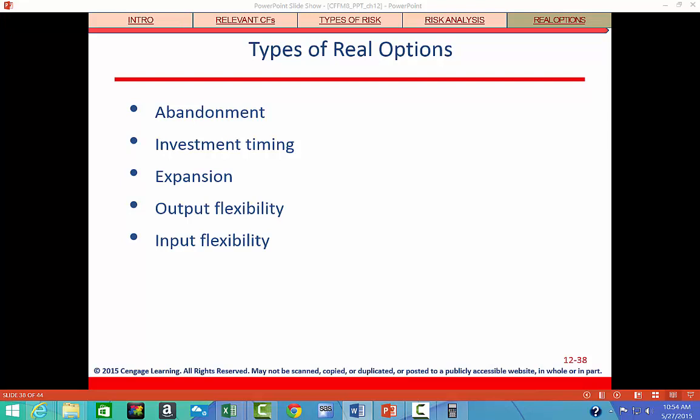An expansion project can be expanded if demand turns out to be stronger than expected. Output flexibility means that a project's output can be changed if market conditions change. And input flexibility means that inputs used in a project's production process can be changed if input prices and/or availability change.